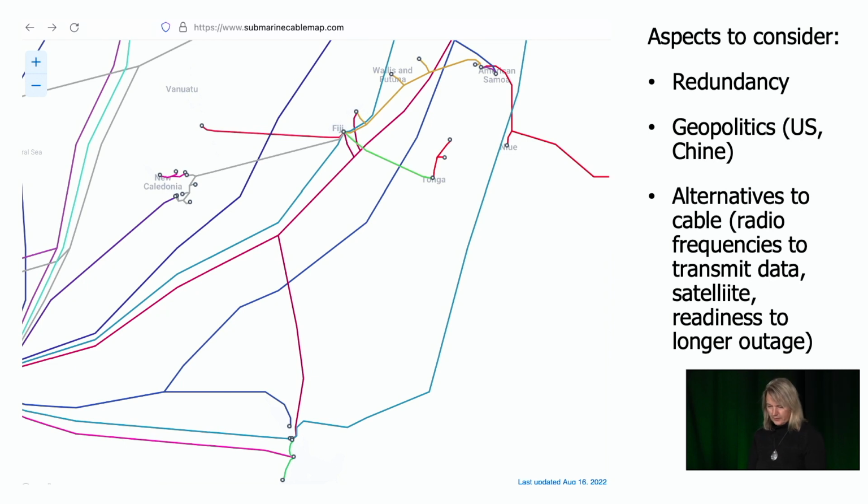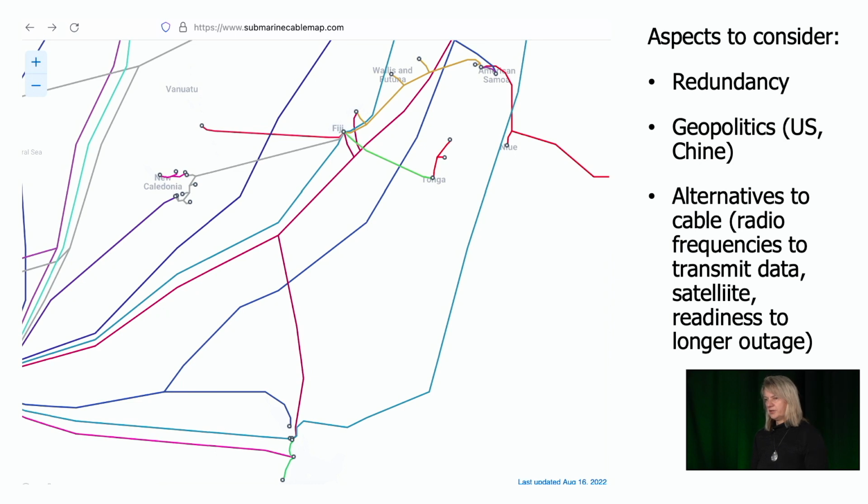And as you see, your neighboring islands, Fiji, they have already several options, and they have mitigated this risk in that way. But when building new cables, there is another aspect to also consider.